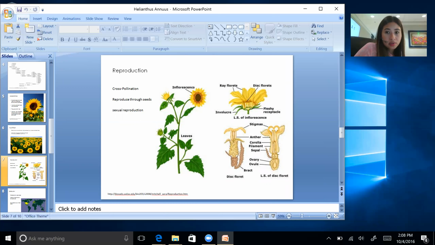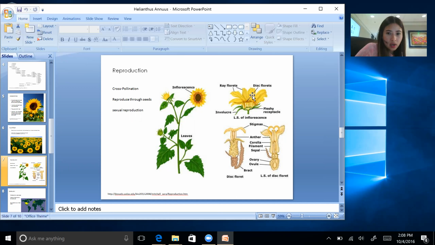They reproduce through the seeds. When the seeds mature, the flower dies, and then the seeds fall to the ground, starting the life cycle all over. And it is a sexual reproduction.